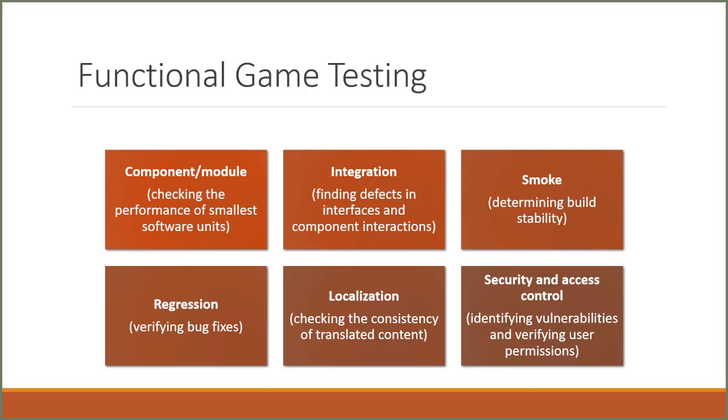So for functional game testing, we want to get into the real world and understand the why behind each one of them. Component or module testing is more of a micro level of testing, where developers check individual scripts or assets in isolation before they are part of the larger game.